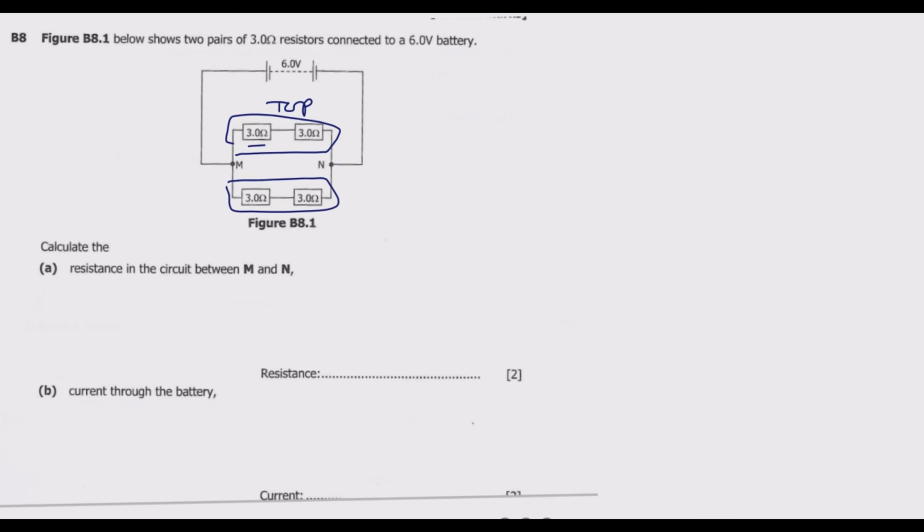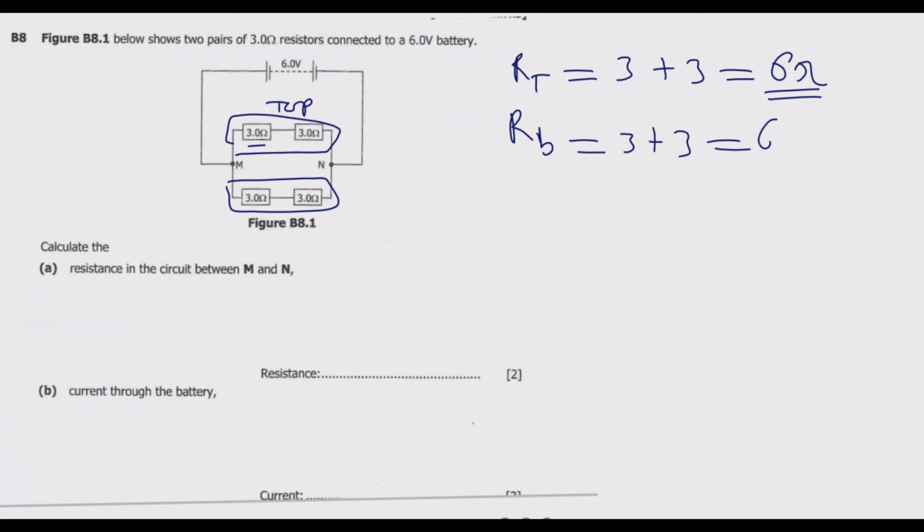The first thing we need to find is the resistance on the top line, which we shall call RT. Because these two are in series, we just add the two. It will be 3 plus 3, which gives us 6 ohms. Then the resistor at the bottom, which we shall call RB, will again be 3 plus 3 equals 6 ohms.